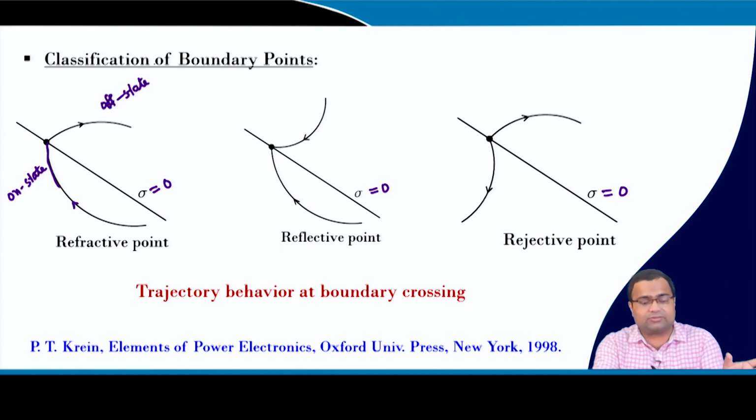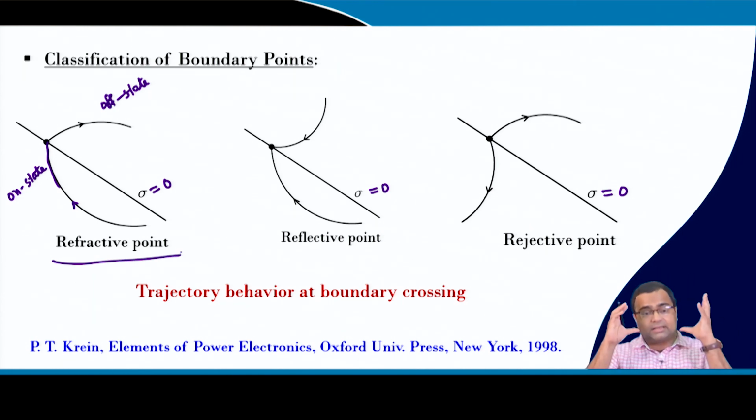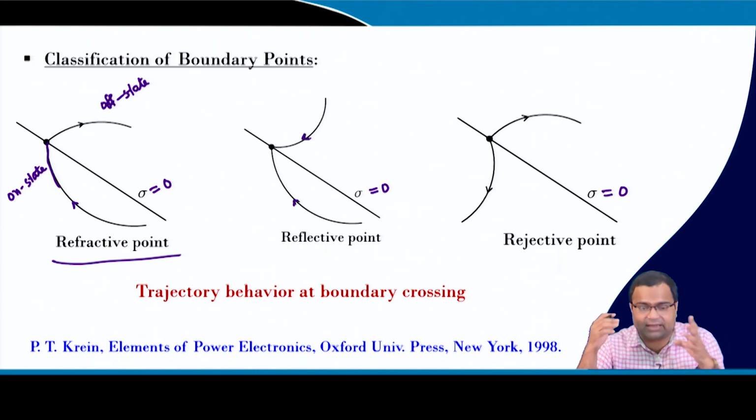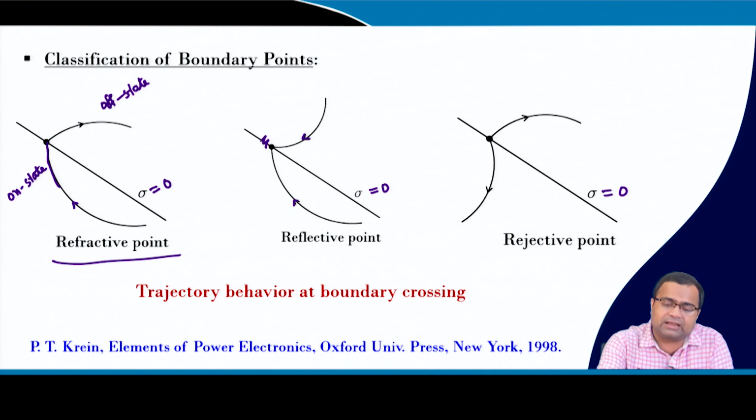That is called a refractive point, and such a concept is used to achieve time optimal recovery. But if both side trajectories are towards the switching surface, then slowly you will achieve the sliding motion. That means the trajectory will chatter and go towards the origin.